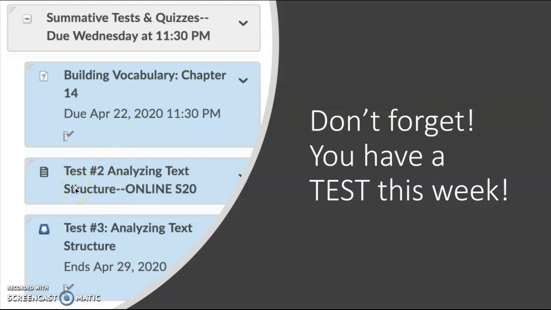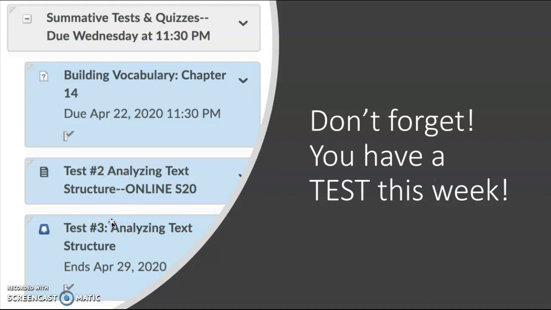So it is posted in content in the same folder as your vocabulary quiz. So it's in the summative tests and quizzes folder. Reminder, anything in this folder is due Wednesday at 11:30 p.m. So all of this has to be done by Wednesday at 11:30, okay? So that means your test needs to get done.